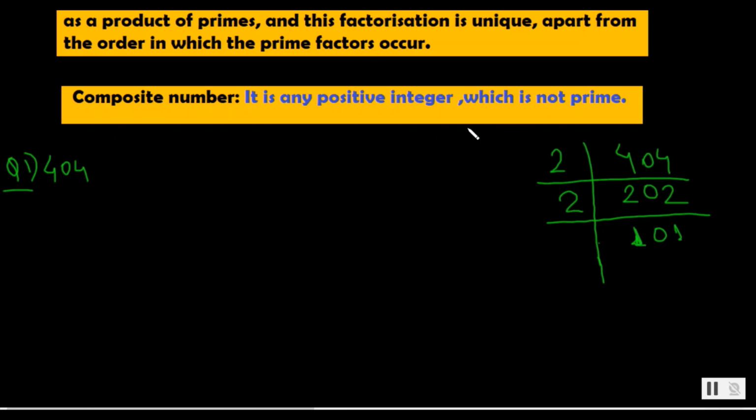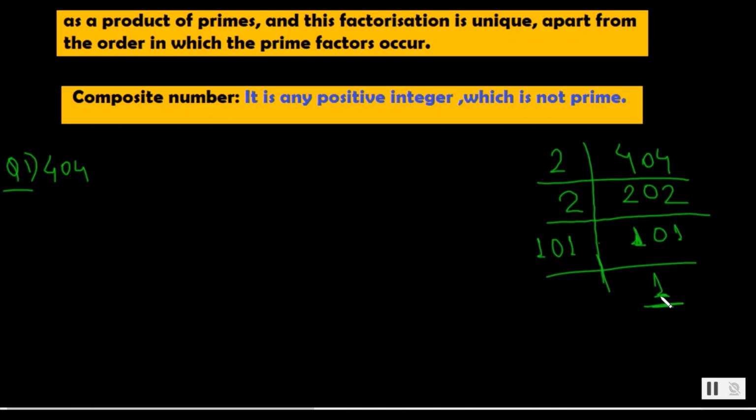And as we know that 101 is itself a prime number, it will be divided by 101, which will give us 1. Please note that we will keep on dividing until we reach 1.